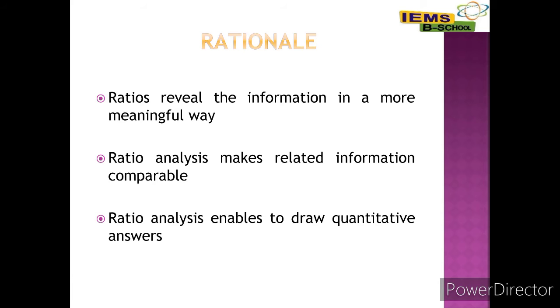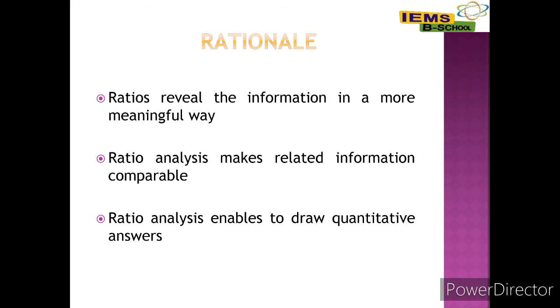How does it stand in relation to sales? How does it stand in relation to capital employed? So therefore, if net profits are shown in terms of their relationship with items such as sales, assets, and capital employed, meaningful conclusions can be drawn. Say for example, net profit is 25% of sales, means when sales revenue is rupees 100, the firm would profit rupees 25.